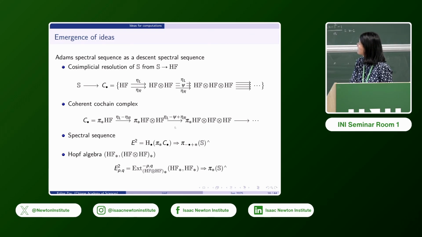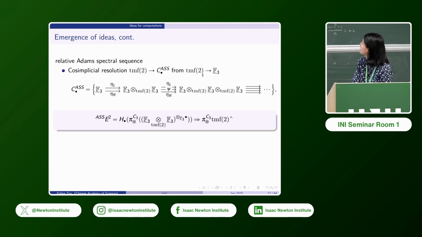And this will produce a spectral sequence converging to the completed homotopy group of the sphere. And if you compute this, it's actually the Ext group of this Hopf algebra pair. So this is the ordinary Adams spectral sequence that we are familiar with.